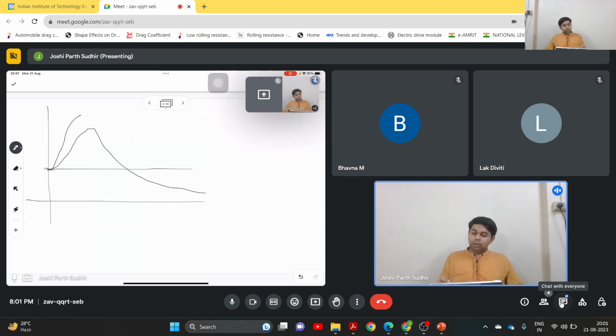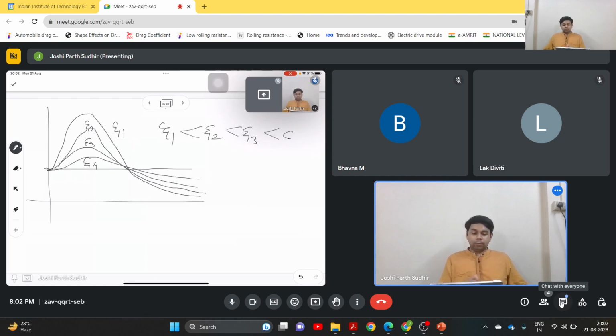Now if we increase the damping, let us say this is for zeta 1, zeta 2, zeta 3, let us say zeta 4. So zeta 1 is less than zeta 2, less than zeta 3, less than zeta 4.